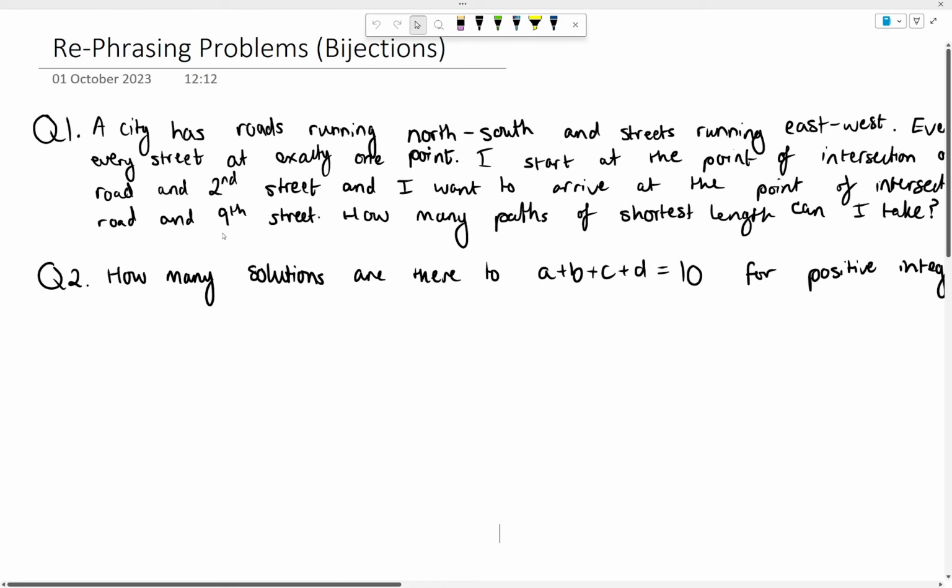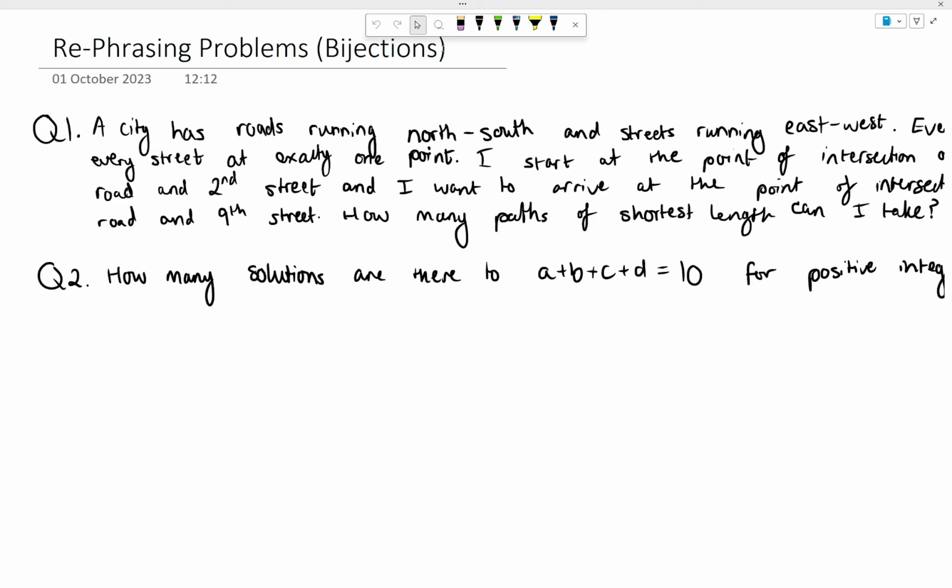I put in brackets bijections, and a bijection, if you're familiar with a one-to-one function, is the same thing. All a bijection is, is transforming one problem into another identical problem.